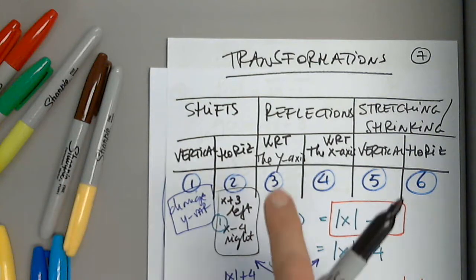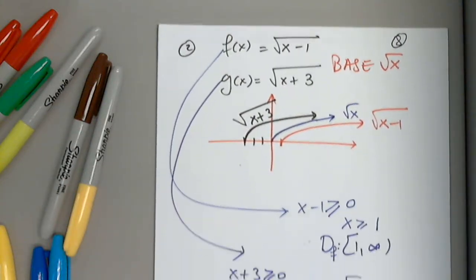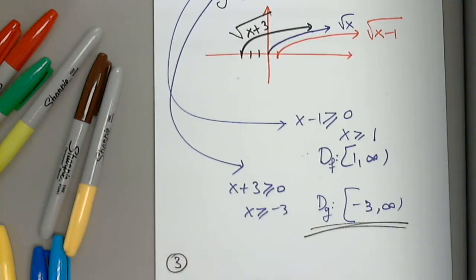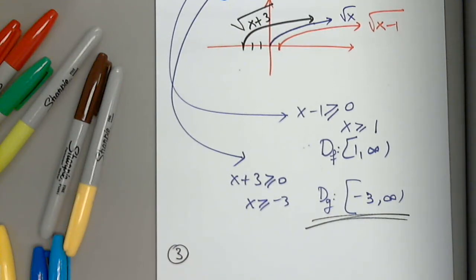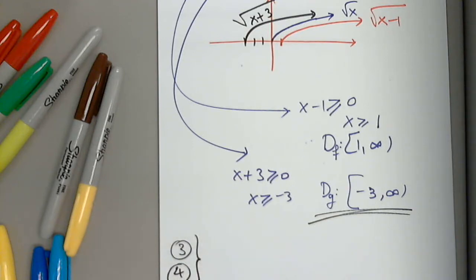And that's the second transformation. So now we go to number 3, which is reflection. Number 3 and number 4 together.